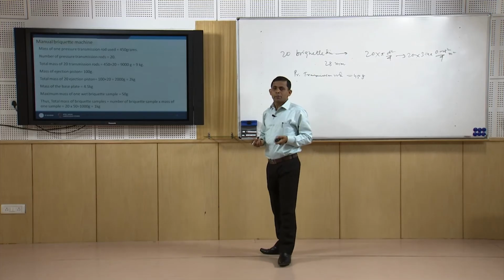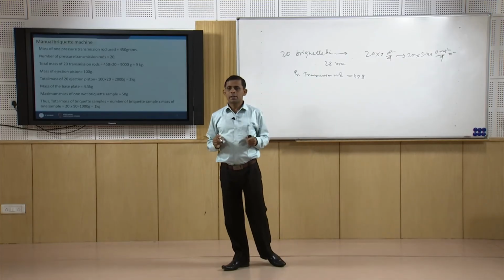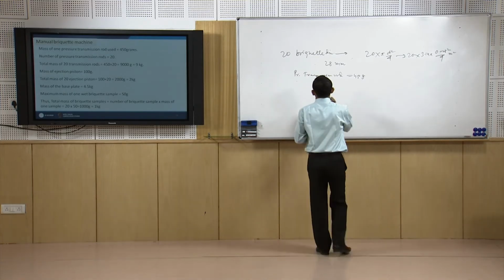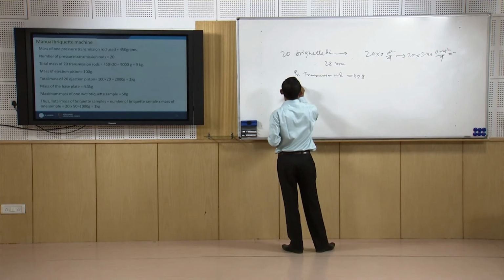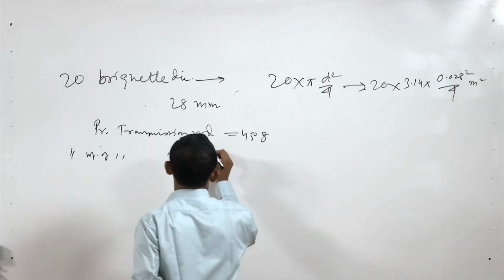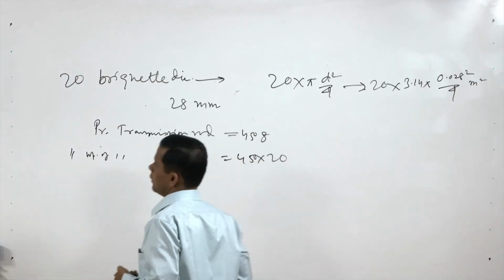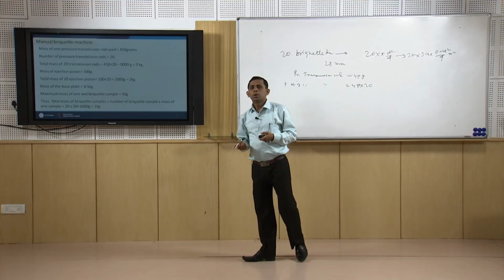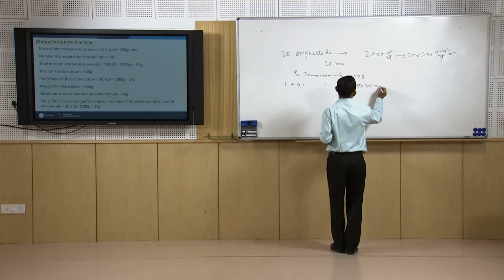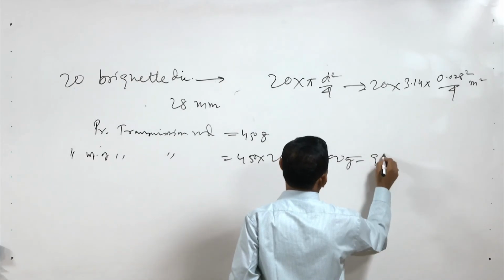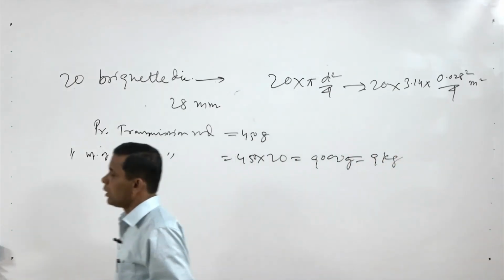Then how many are there? As 20 dies are present, 20 pressure transmission rods will be required. So, total weight of pressure transmission rods is equal to 450 into 20, that is equal to 9000 gram, that is equal to 9 kg.